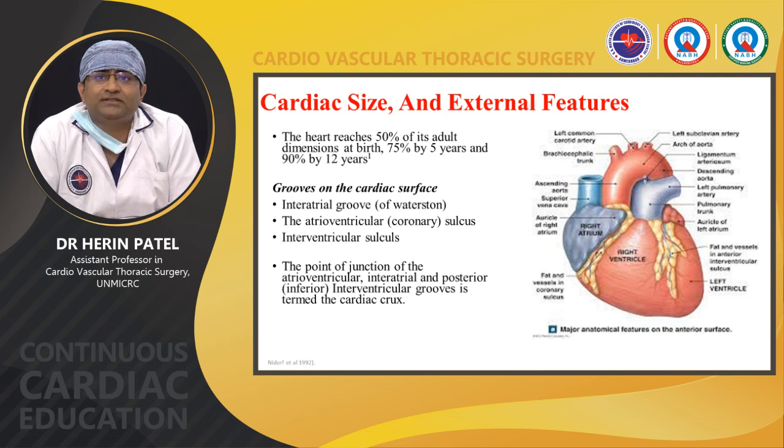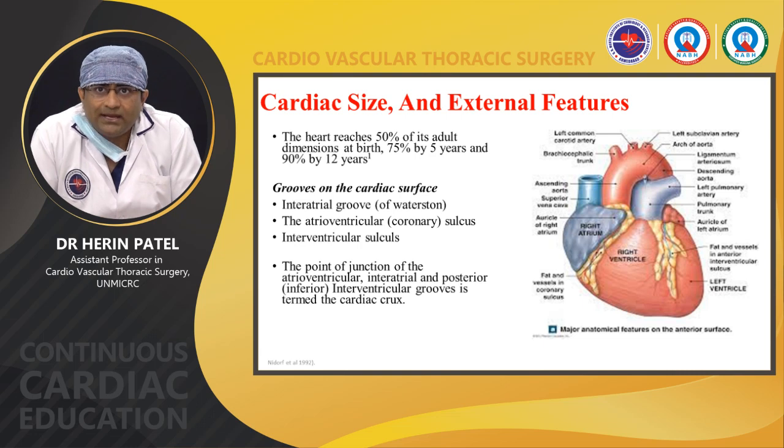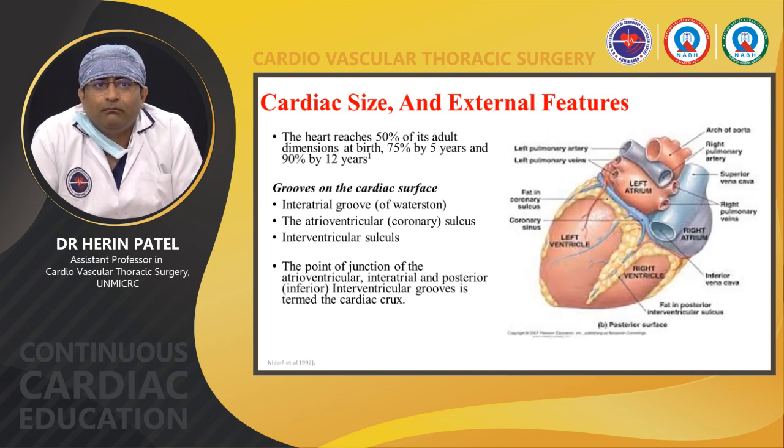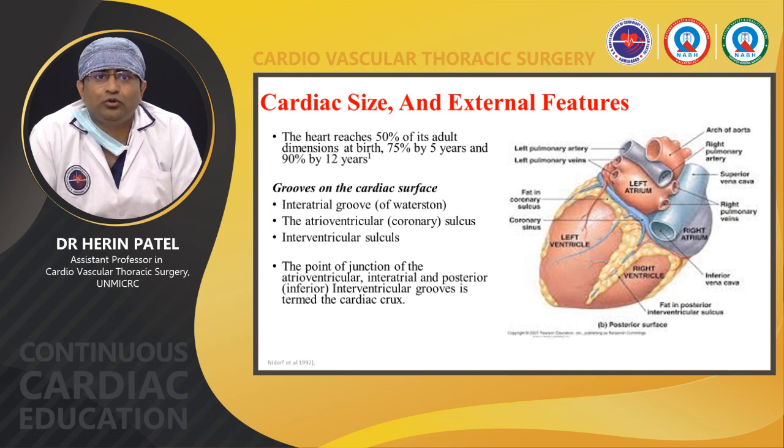The interventricular surface, here you can see the sulcus between the right ventricle and the left ventricle, again filled with fibrofatty tissue and in which runs the left anterior descending artery. The point of junction between the atrioventricular, interatrial and posterior interventricular grooves is termed the cardiac crux.